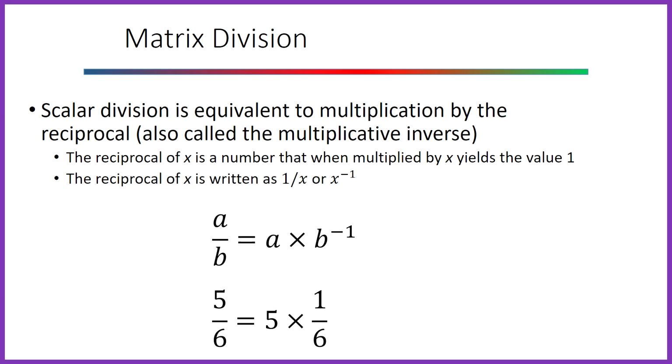The reciprocal of x is written as either 1 over x or as x to the negative 1, since these two things are equivalent as we learned in the exponents section of the elementary functions toolbox. Given these definitions, we know that a over b equals a times b inverse. We also know that 5 over 6 equals 5 times 1 over 6.